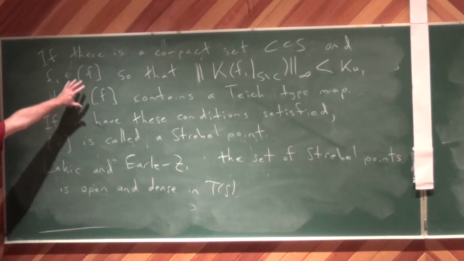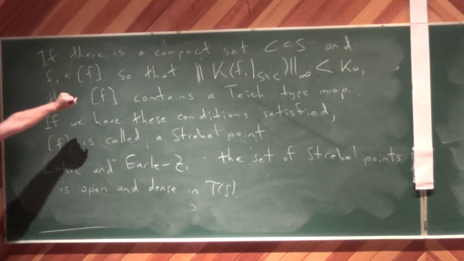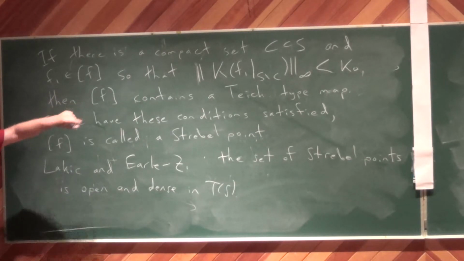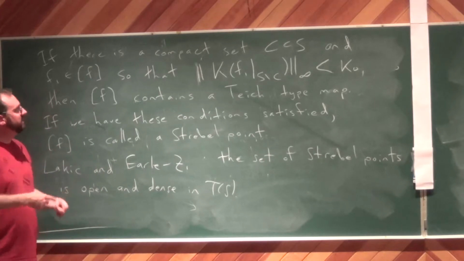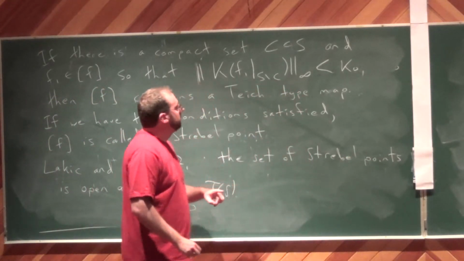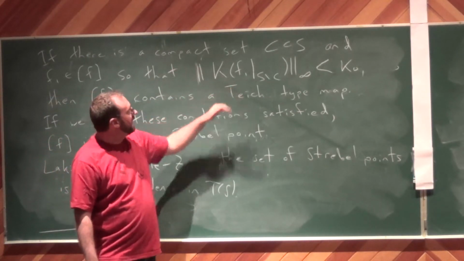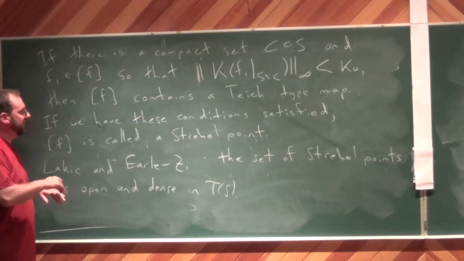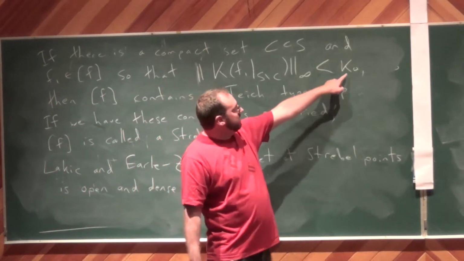Okay, just as an example with these Strebel points, the base point is not a Strebel point, so the base point contains a conformal map in its class, and the distortion of a conformal map is 1. So when we take any quasi-conformal map and we look at its distortion off some compact set, it's always going to be at least 1.